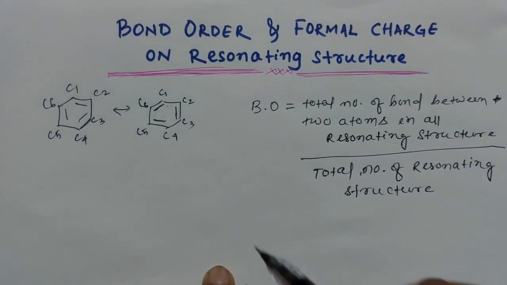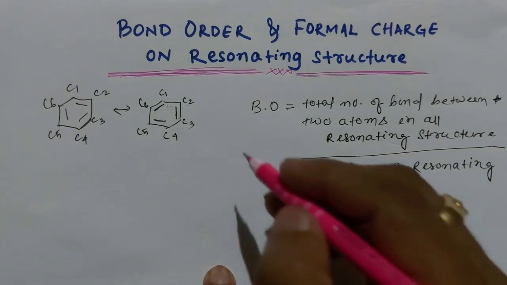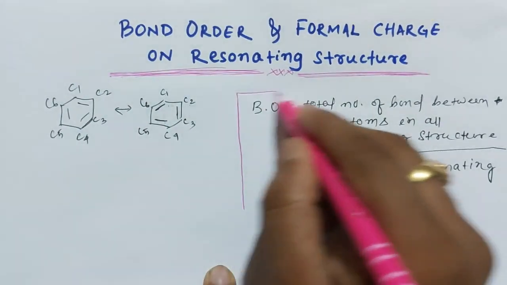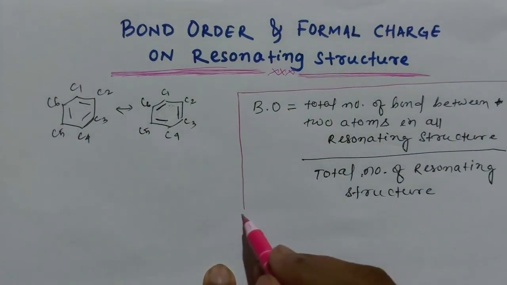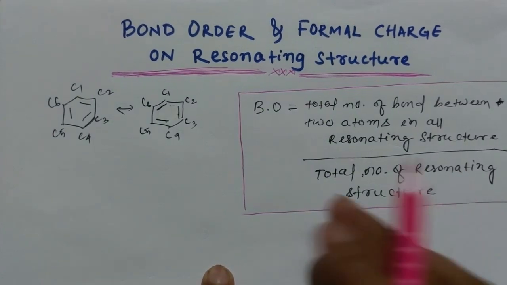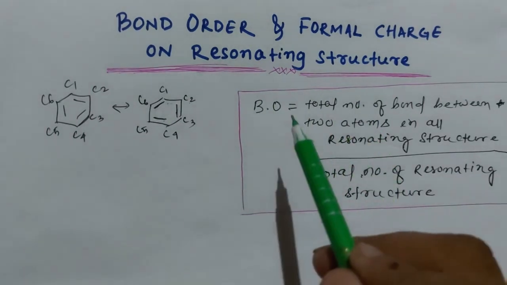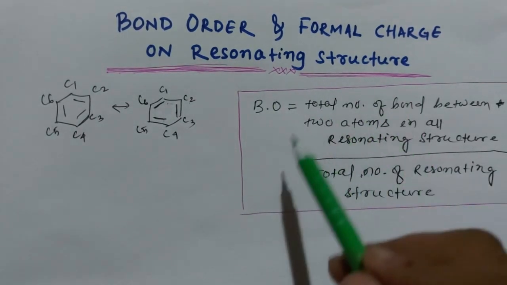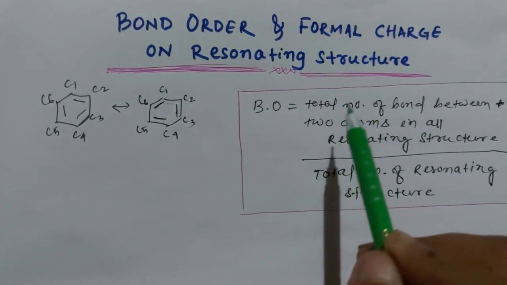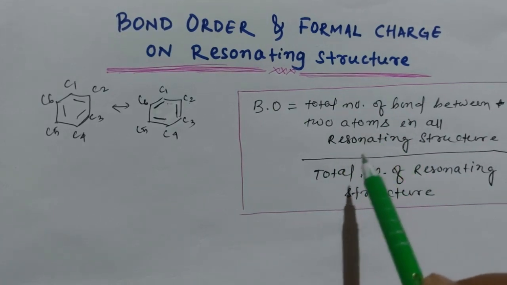Okay, so remember this formula to calculate the bond order of the resonating structure. This is a very useful trick, just remember this one. It is also applicable for all resonating structures.